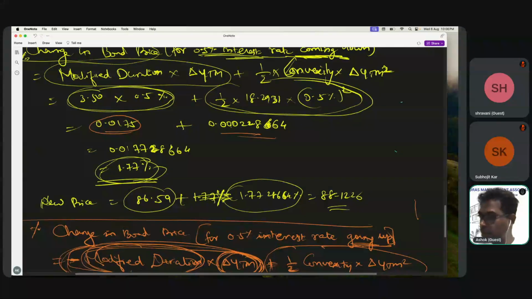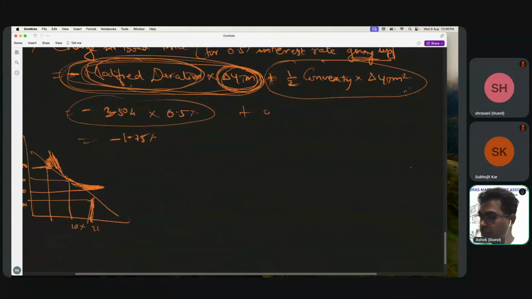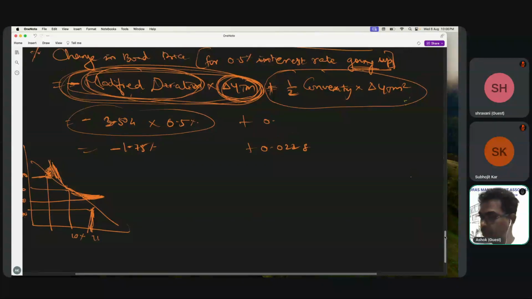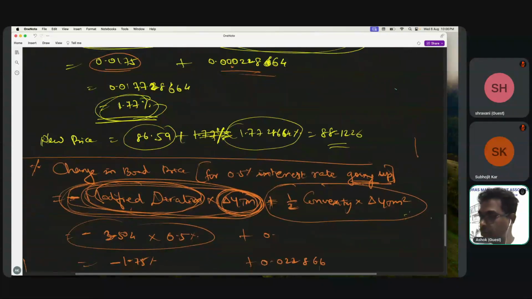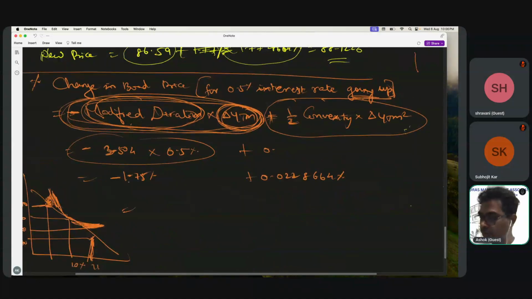So I can write in percentage, 0.0228664 percentage. Now you just add these two. When you add minus 1.75 plus 0.228664, how much does it come to?